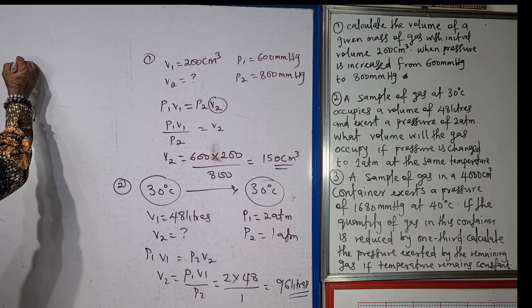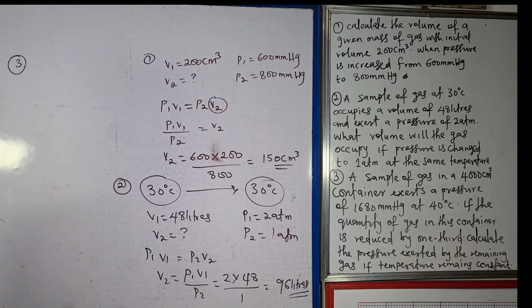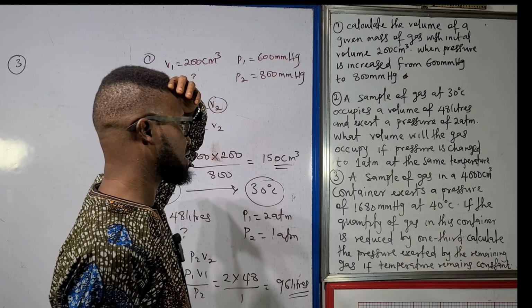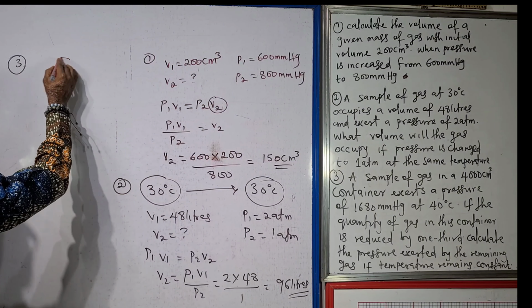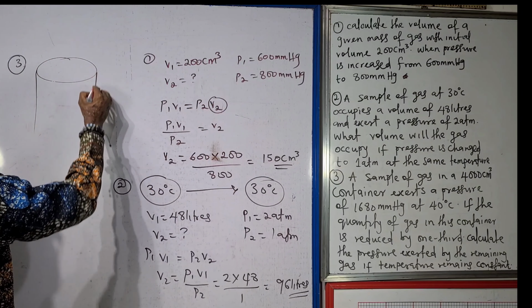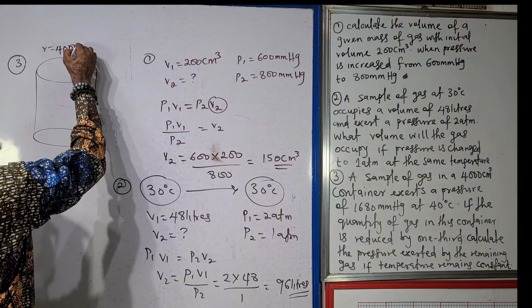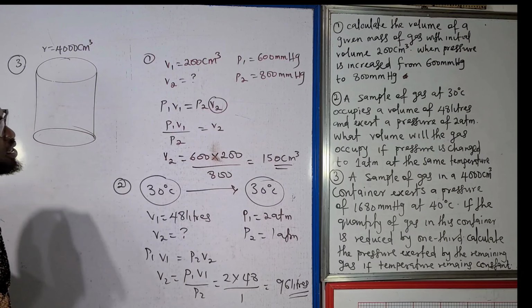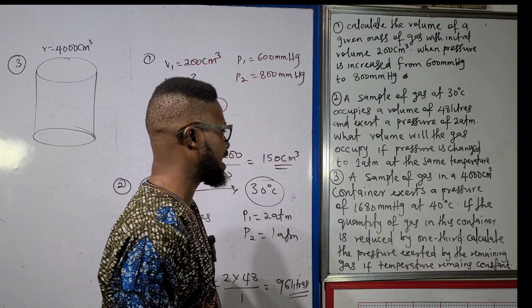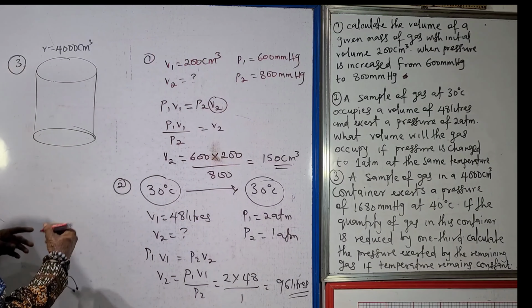Moving on to the third and final question for Boyle's law. A sample of gas in a 4,000 cm cube container. Let this be my 4,000 cm cube container. The volume of this is 4,000 cm cube. It exerts a pressure of 1680 millimeter mercury.